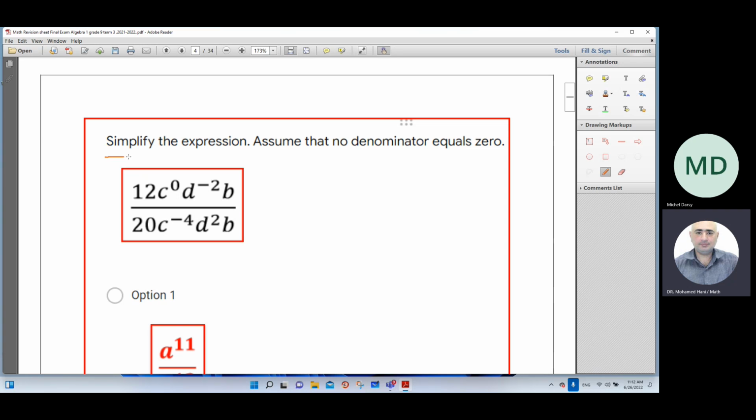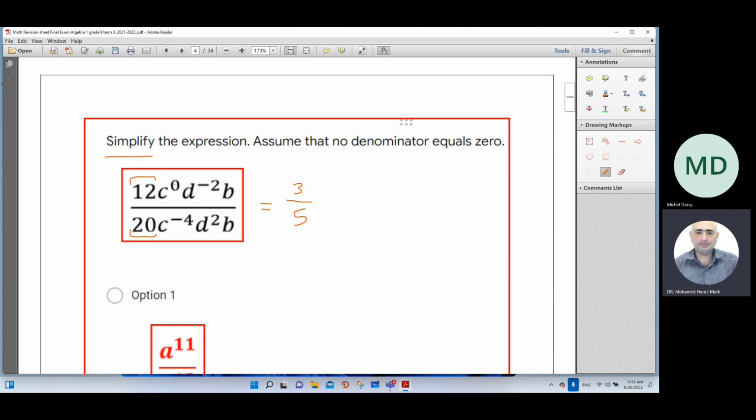Also here we want to simplify. We can use the same previous rules. And as you see here, you have 12, and here you have 20. You can divide up and down by the GCF of 12 and 20. So we can divide up by 4 and down by 4. So 12 divided by 4 will be 3, and 20 divided by 4 will be 5.